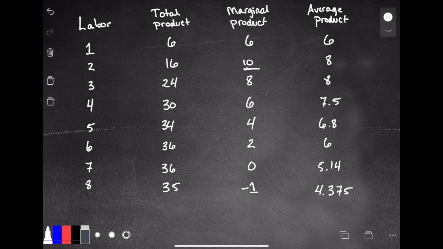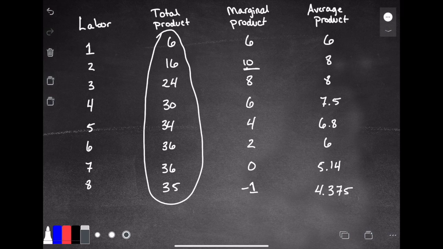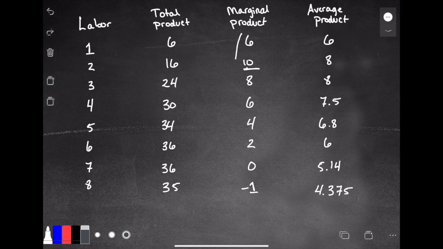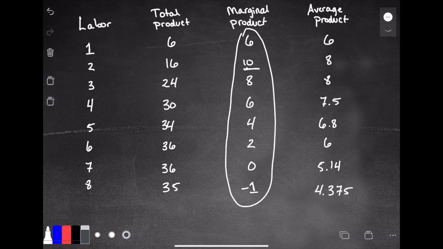Okay, so here's what we might think about. If we're going to think about hiring additional people, we might want to think not just about the total amount of output that the team can produce. We might also want to think about the marginal product of each additional person.